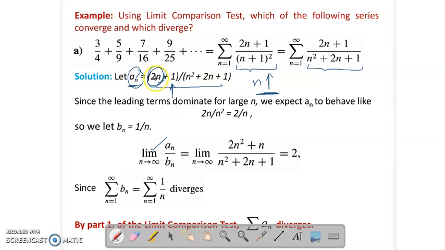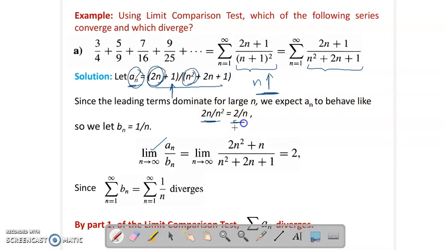Suppose if n is 1000, then if n is 1 million, eventually the behavior of the numerator is coming from this term 2n. And likewise in the denominator, n square will dominate the other terms. Since the leading terms dominate for large n, we expect an to behave like 2n upon n square.